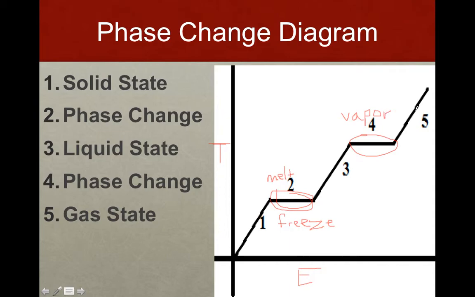But when you go from a gas down to a liquid, and this is going in this direction, y'all see that? So when you're going in this direction, to go from a gas down to a liquid, you're actually condensing. So bear with me. I'm going to write condense here.